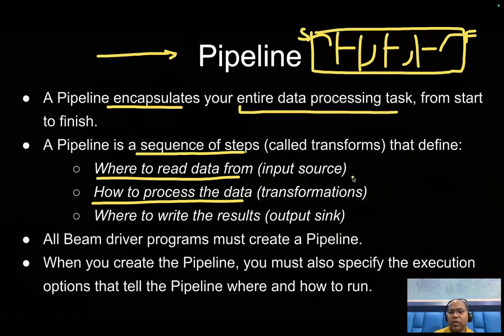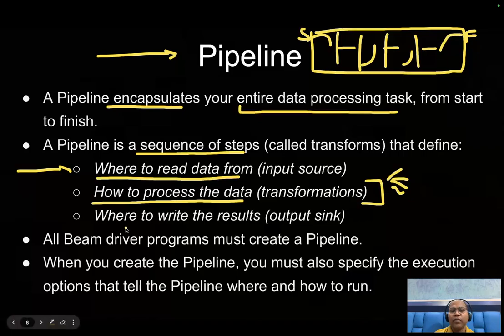All these come under your transformation part. So as an engineer, our responsibility is to learn what kinds of transformations Apache Beam supports that you can use to build your pipeline. For each transformation, you need a source of data, and finally, where to write the result. Once your transformation happens, finally you need the source and sink.